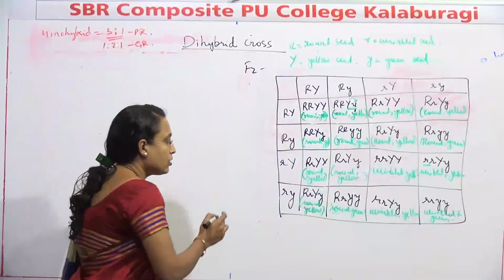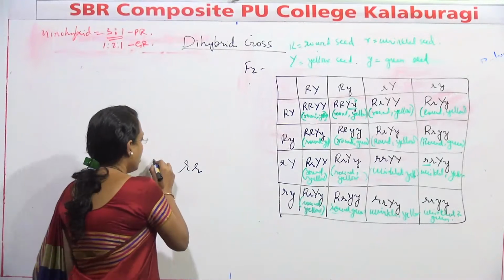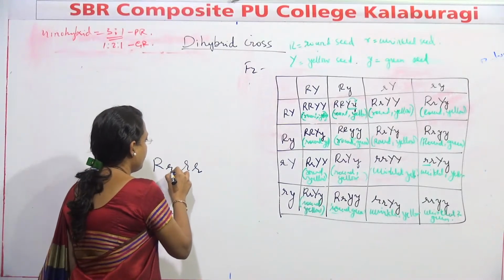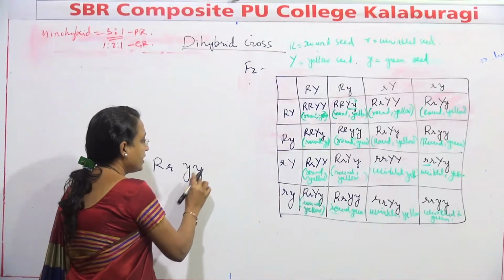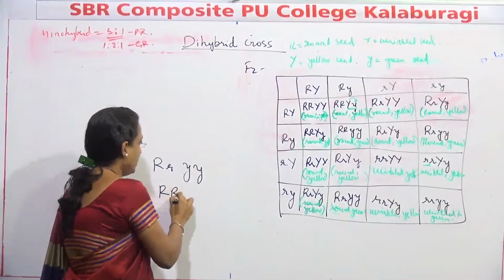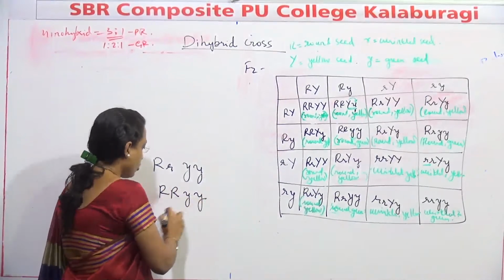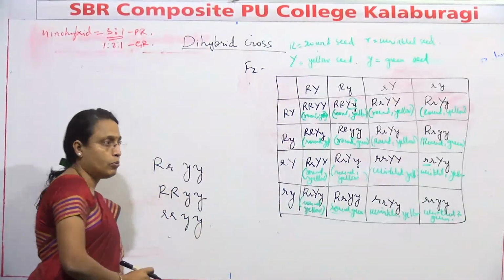Seed color recessive state, which is green, is one genotype. This can be one possibility, this can be another possibility, and this can be another possibility.